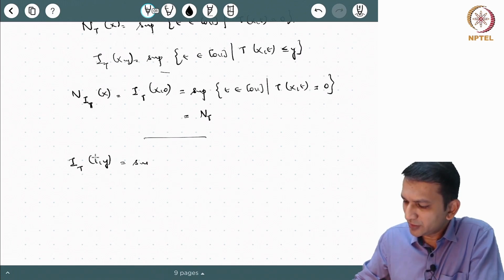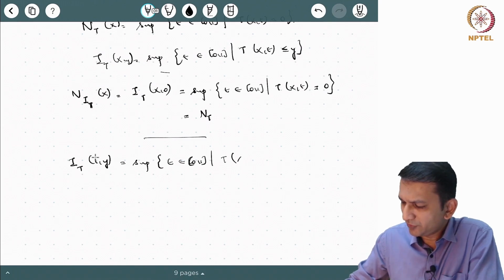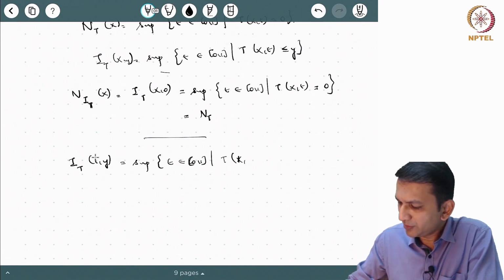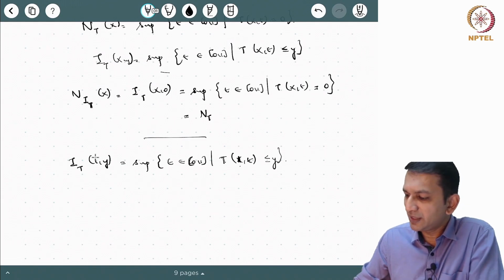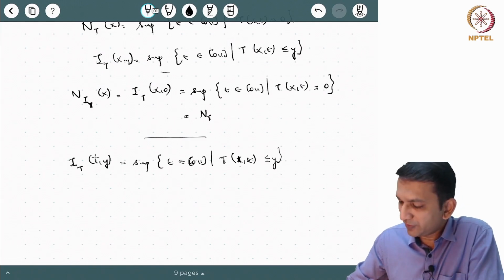So you will see it is nothing but the supremum of t element of [0,1] such that T(1,t) is less than or equal to y. We know that 1 is the neutral element of a T norm. That means if you want this to be less than or equal to y, the maximum value, the supremum that t can attain is in fact y, which means this is equal to y.